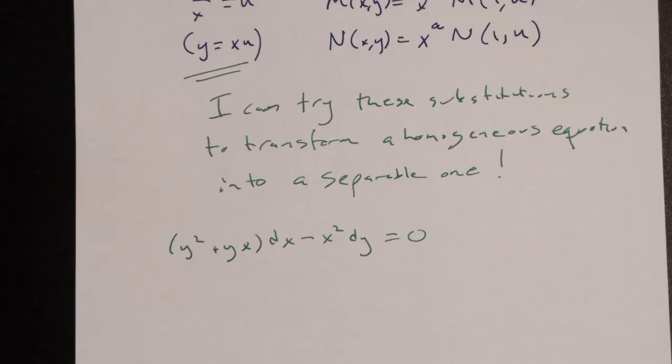Okay, so that's 2y plus x. Take the partial of x with respect to x, you get negative 2x. Those are not the same. It's not exact. If I really want to try and bust my butt, I could see if we can find an integrating factor, which is what we did on the homework, right? But I have to hope that the integrating factor has all x's or all y's.